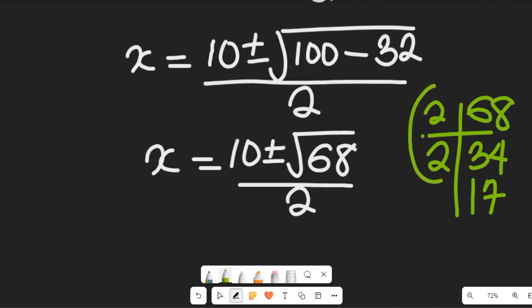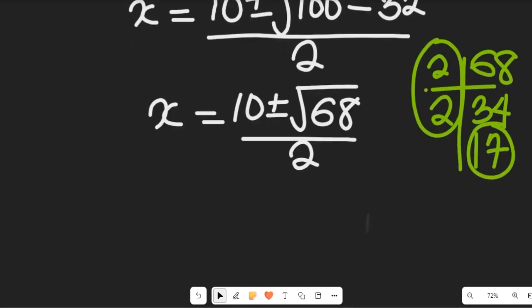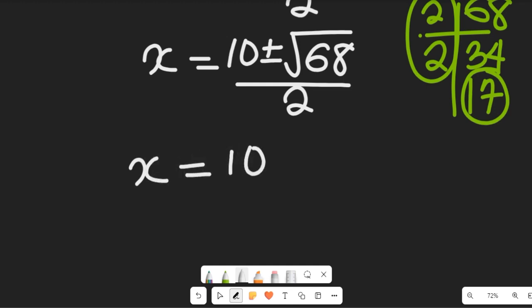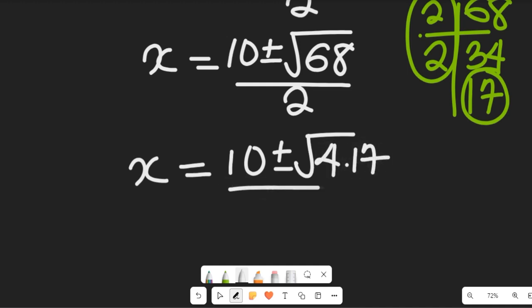So if we have this as 4, 4 is a perfect square, and then we'll have 17. So that means 68 can give us 17 times 4, right? So we'll have that expression to give us x equal to 10 plus or minus square root of 4 multiplied by 17, and this will be divided by 2.